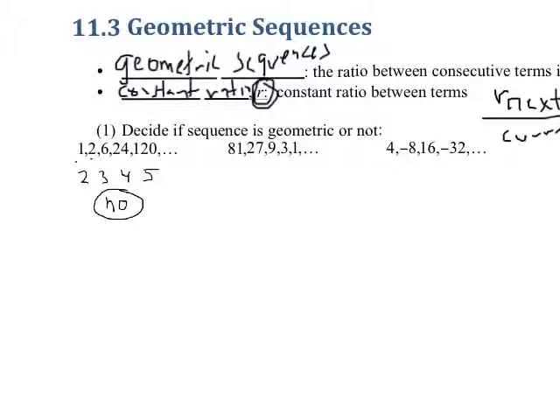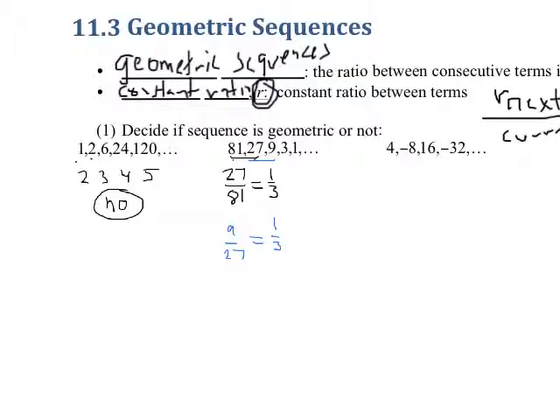In this next example, to go from 81 to 27 is maybe not as easy to figure out what you're multiplying by to make that happen. And so here's an example where I might look at what is 27 divided by 81. 27 divided by 81 is the ratio 1/3. And so if I look at the next ratio from 27 to 9, if I do 9 27ths, that's also a ratio of 1/3.